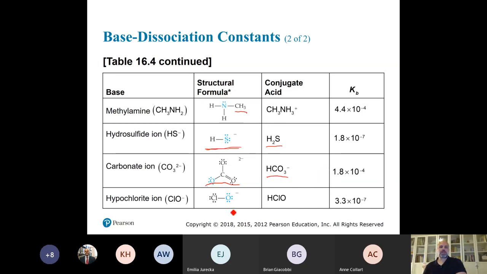Basically, any weak acid can be a base. We talked about this in regards to determining the acidity or basicity of various types of salts. Any weak acid has a conjugate base, and that conjugate base can be used as a base in solution.